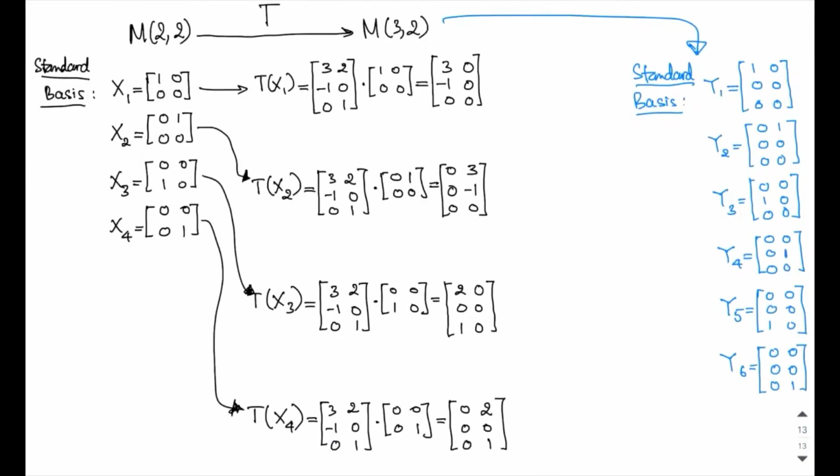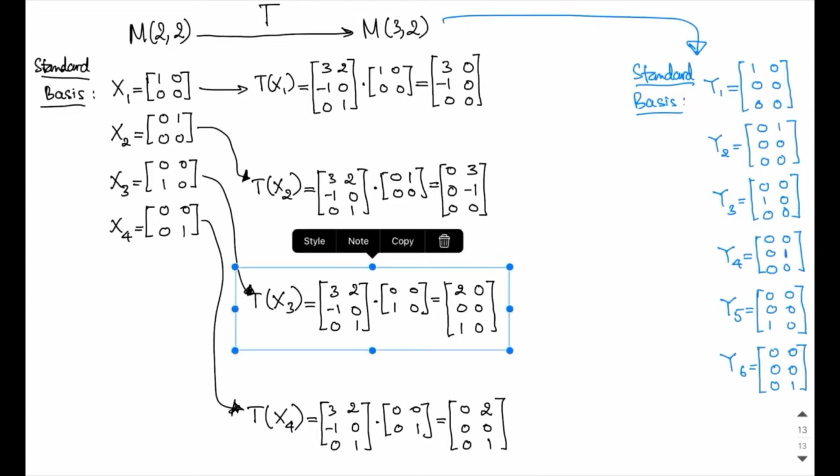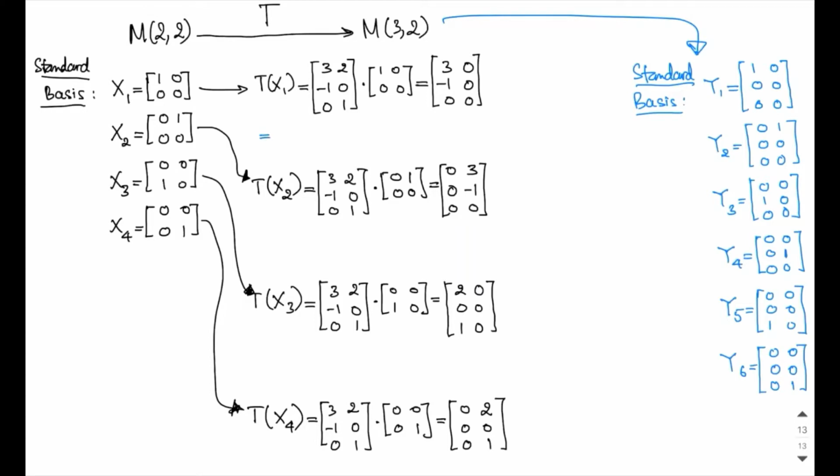All right, next, we want to express T of x1 as the linear combination of y1, y2, y3, y4, y5, and y6. The first position is 3. That means you will have to multiply y1 by 3. Luckily, they are the standard basis. Otherwise, we have to solve a system of linear equations to get the coefficients out.